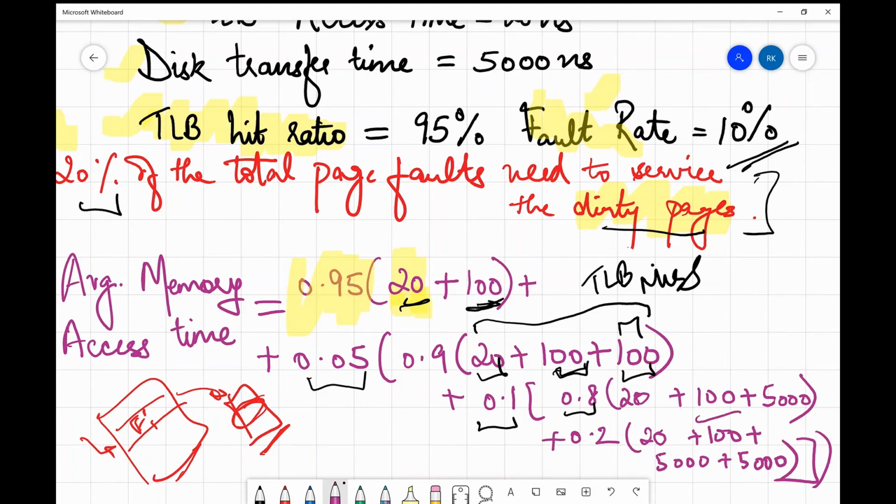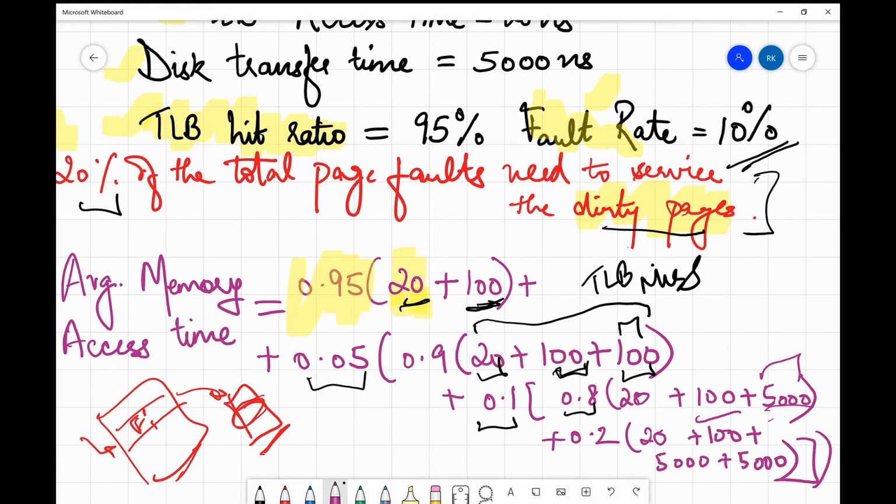In the page map, we also do not find any frame. Over there also we find that this frame is not there. In that case, the page fault occurs, and then we need to search for the frame from the disk. So therefore the disk transfer access time is added over here, which is 5000.